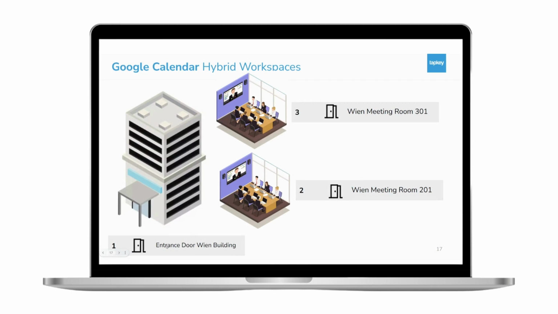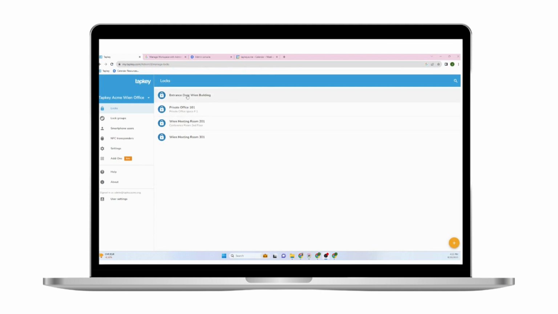For people to use shared resources, we have the entrance door for the entire building, and then we have 2 meeting rooms which can be reserved using Google Calendar. This same configuration is already within our Tapkey account. Here we have the entrance door for the building, and the 2 meeting rooms which people can reserve.